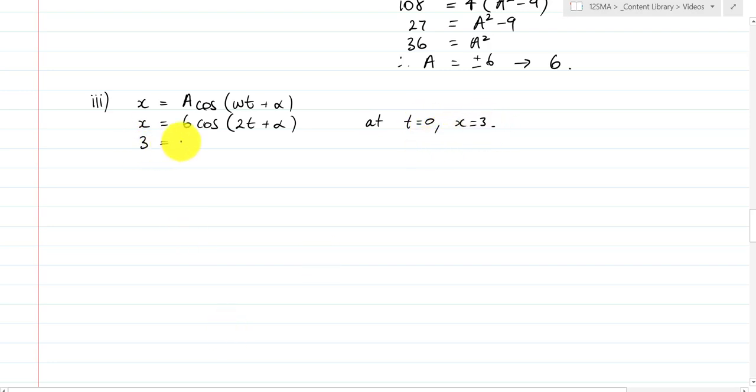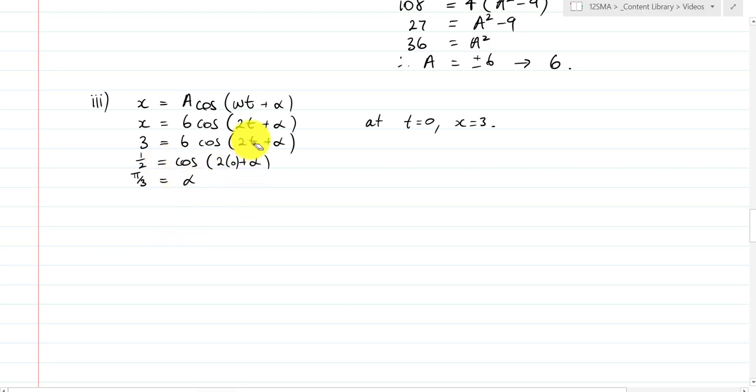So I get 3 equals 6 cos(2t plus alpha), and that means that a half equals cos(2t plus alpha), which means that I get cos inverse of a half, which hopefully you'll remember is pi on 3. Cos inverse of a half. There's a few answers, but I just want the first and obvious phase shift if I can. So I get, oh, and of course t equals 0, doesn't it? So that means that cos inverse of a half just equals alpha.